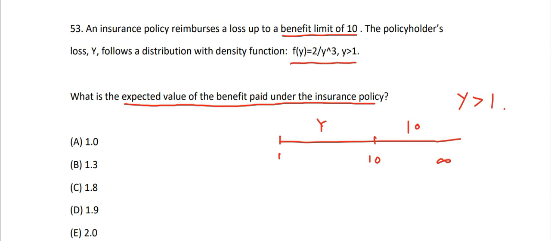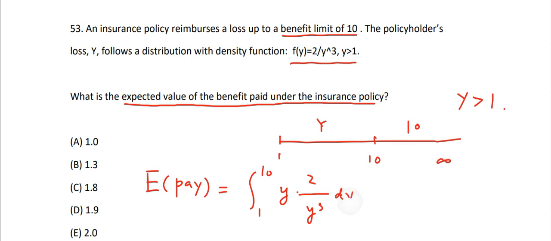So the expectation for payment equals: for the loss from 1 to 10 we pay y, times the density 2y^-3, dy. Plus, if the loss is more than 10, they pay 10, with density 2y^-3, dy.